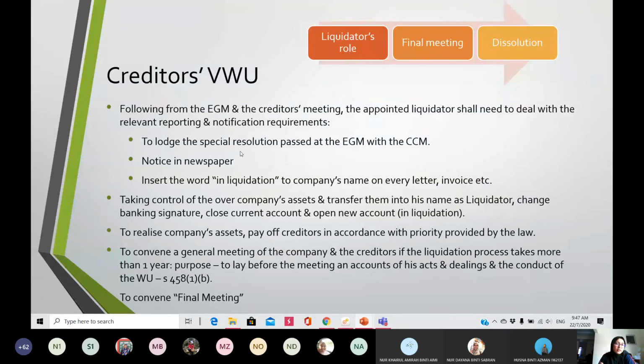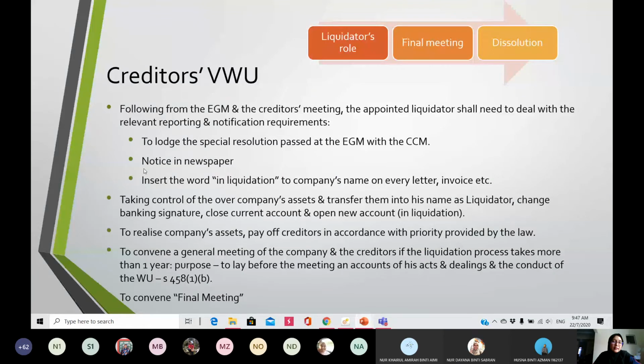Special resolution tu yang resolution for the winding up, which is achieved at the company's meeting for the purpose of the voluntary winding up. Okay, so what need to be done is to lodge the special resolution with the CCM, ROC.